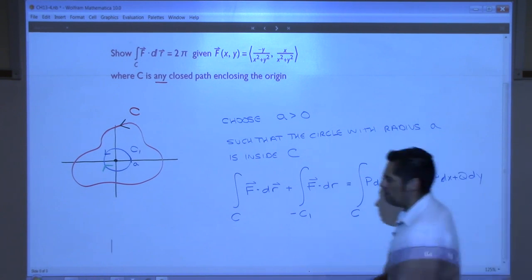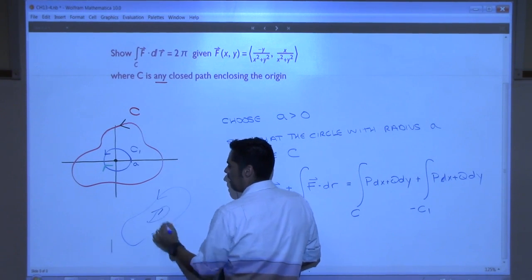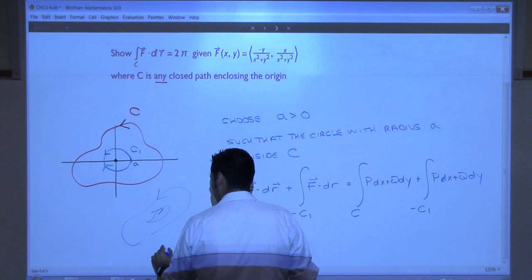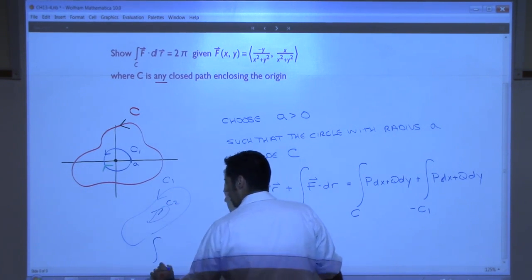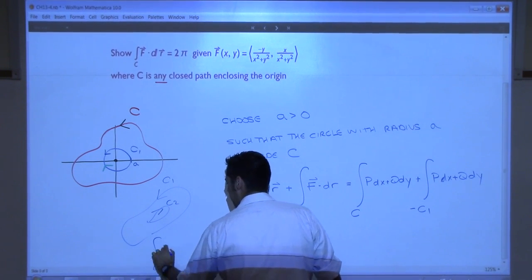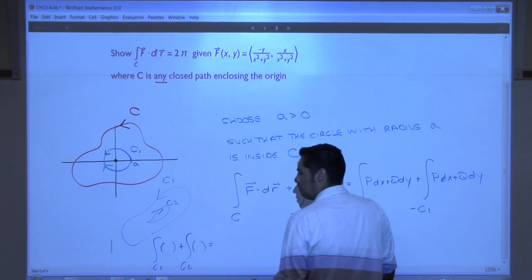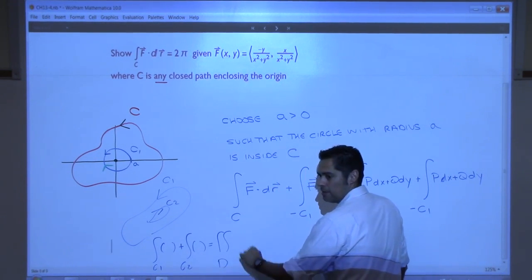If you had this region D, I cut out a circle, I said this way on this one and that way on that one, and we said that this really makes this equation true. It says this was C1, this was C2. The line integral over C1 plus the line integral over C2 would be equal to the double integral over D of the partial stuff.